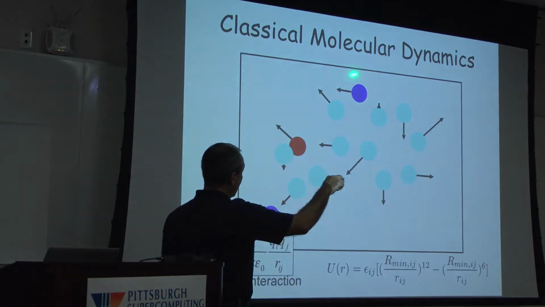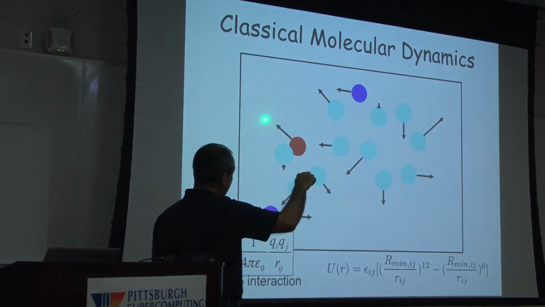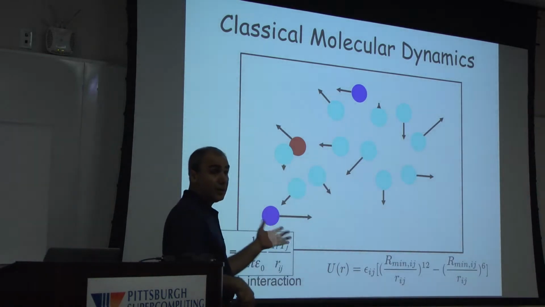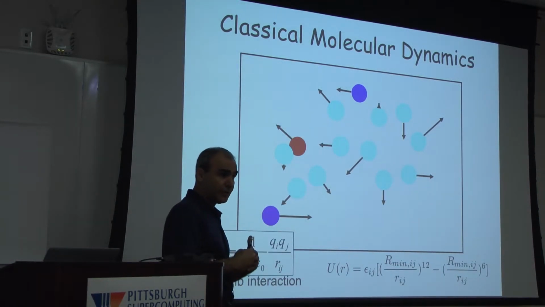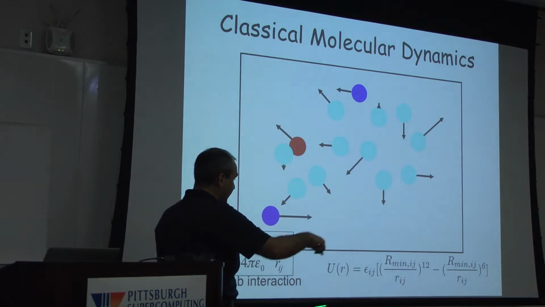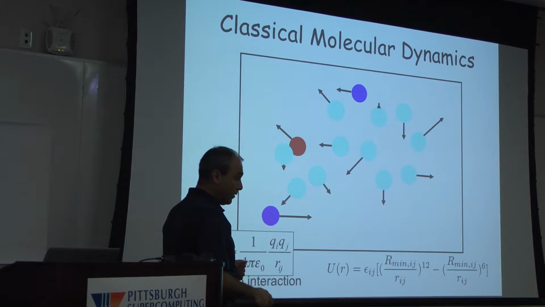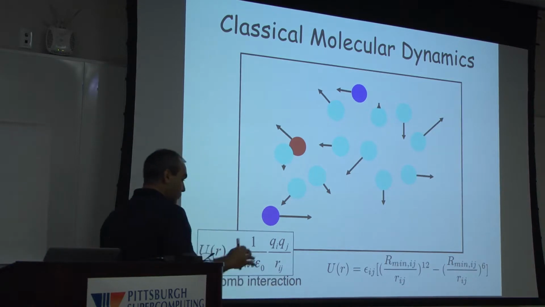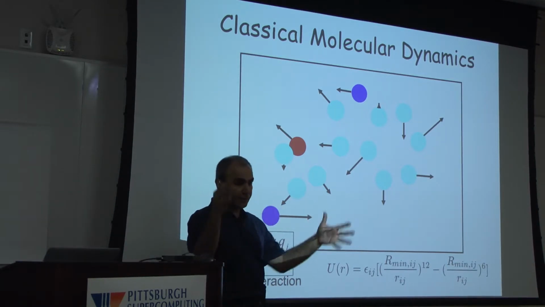We don't have to go 15 angstroms, 20 angstroms away. We're going to define a cutoff and say for every atom, I'm going to go only 10 angstroms or 12 angstroms or whatever the force field has been optimized for. So we define a cutoff distance, and only within the cutoff distance we are going to calculate these short-range interactions. That requires the program to update the neighboring list because things are moving.